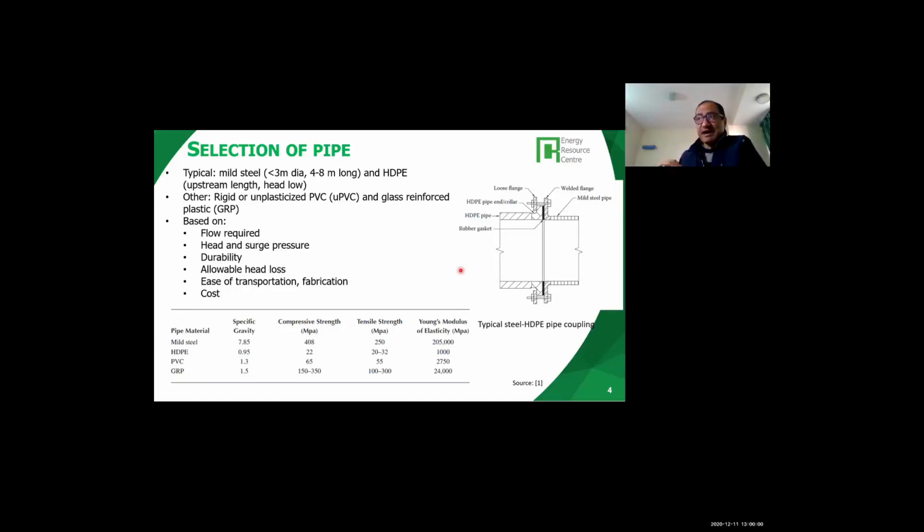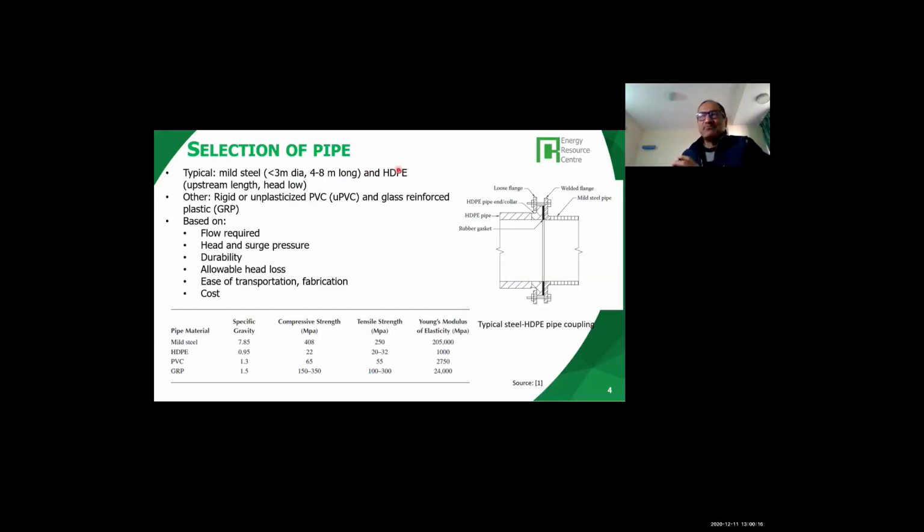criteria for the selection of the pipe: as I mentioned, it is either mild steel or high density polyethylene pipe. Mild steel has a diameter of less than 3 meters, and a length of 4 to 8 meters.